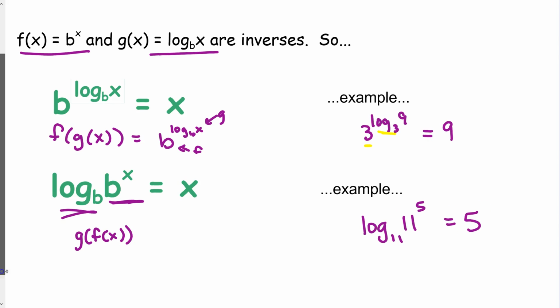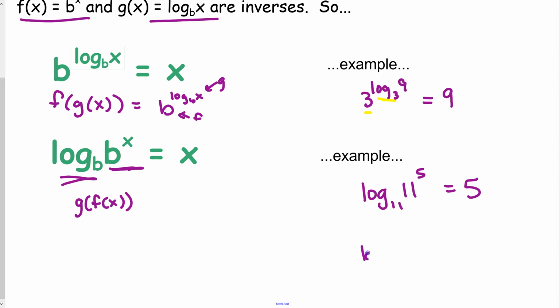You could also see something like log base 5 of 25. Well, you don't see the 5 and the 5, but you could change the form a little bit and write it as log base 5 of 5 squared. And then you would see your logarithmic function canceling with your exponential function, leaving you with just a 2.